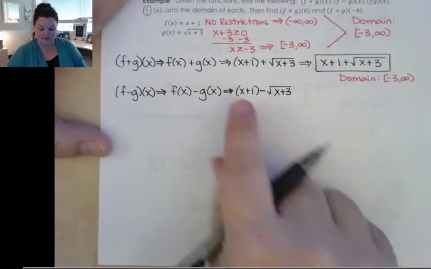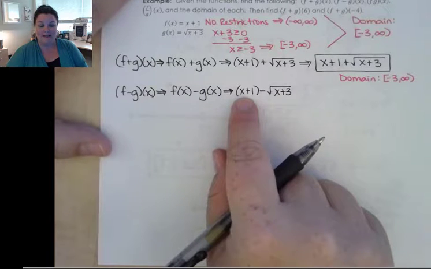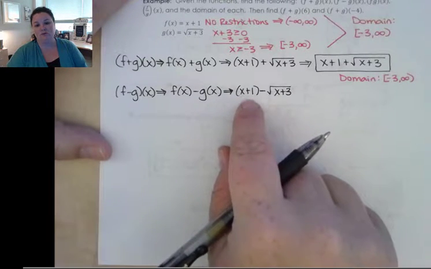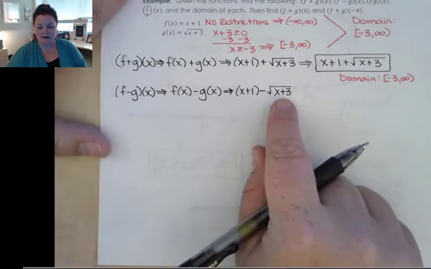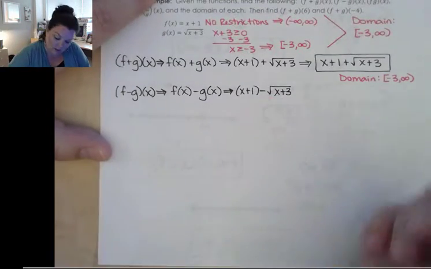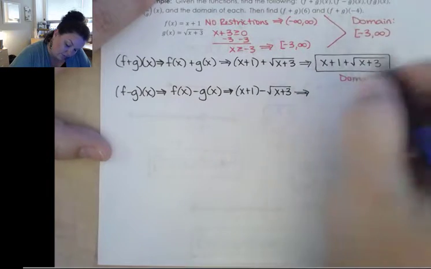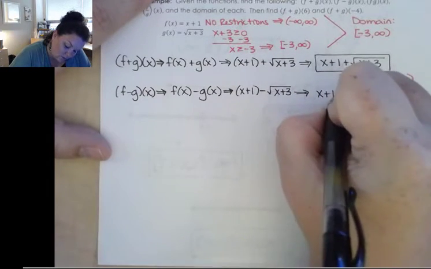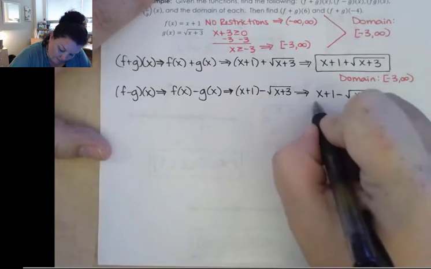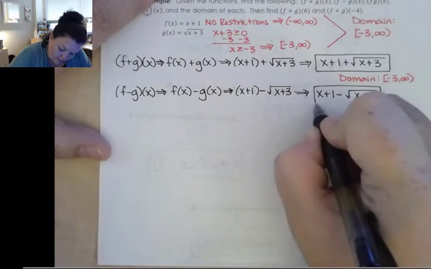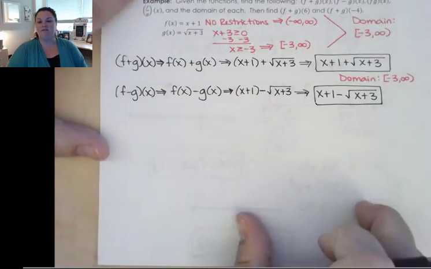Again, there's nothing happening outside my x plus 1 quantity, so I can drop those parentheses. And here I can't distribute the negative into a radical, so I'm just going to leave it how it is. That means my difference function looks like x plus 1 minus the square root of x plus 3. So this is my new difference function.